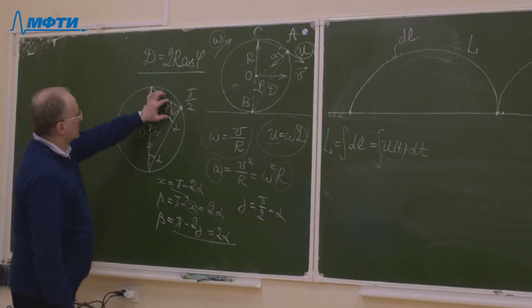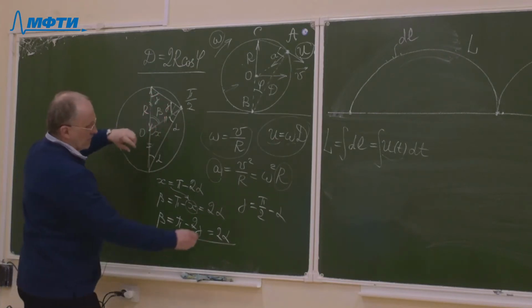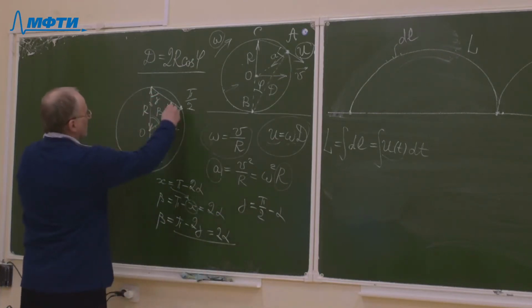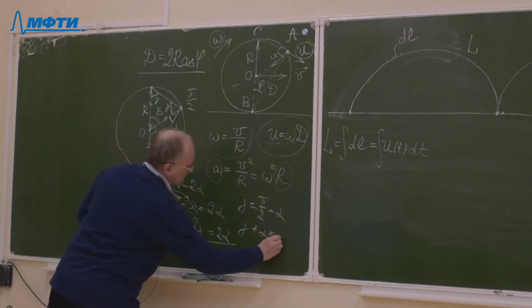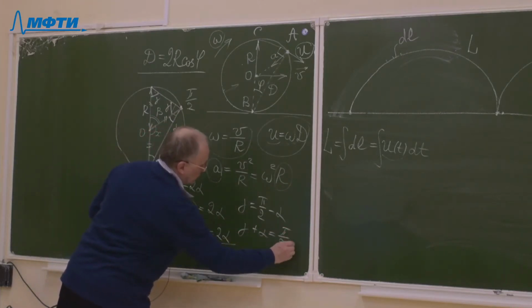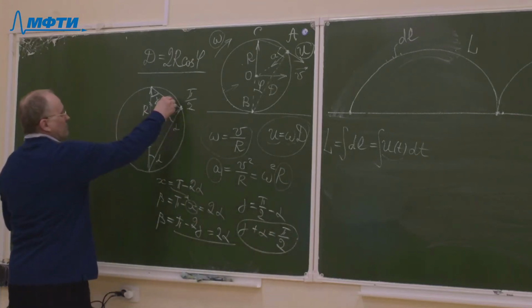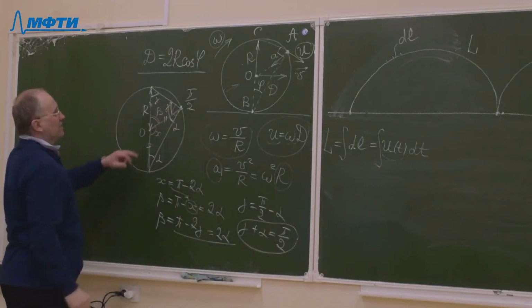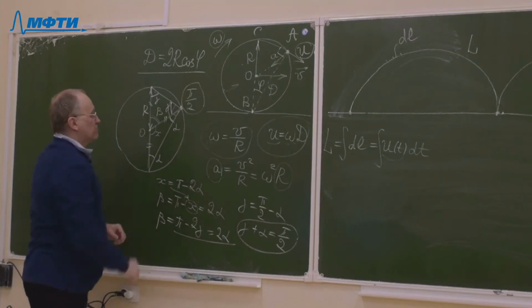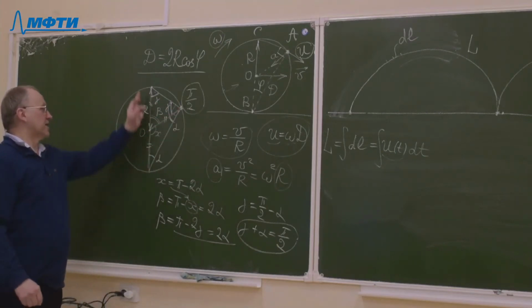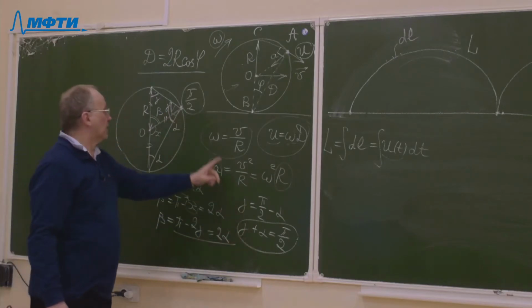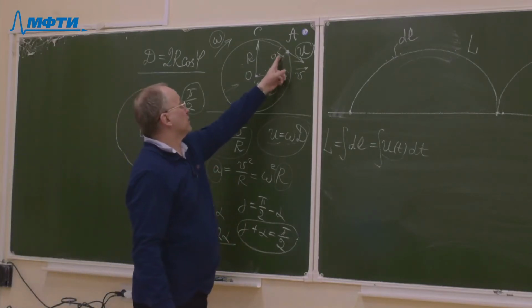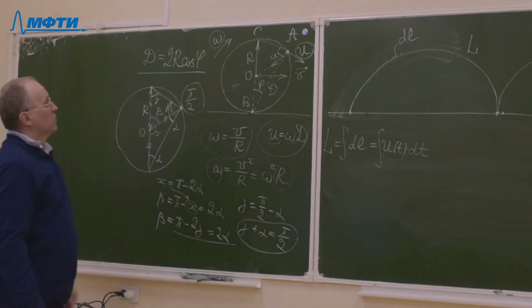And so if we consider pi over 2 minus alpha, so this angle gamma plus alpha is necessarily pi over 2. That is gamma plus alpha, this total angle will be the right angle, and this triangle will be the right triangle. That's a simple proof that this angle here is pi over 2.